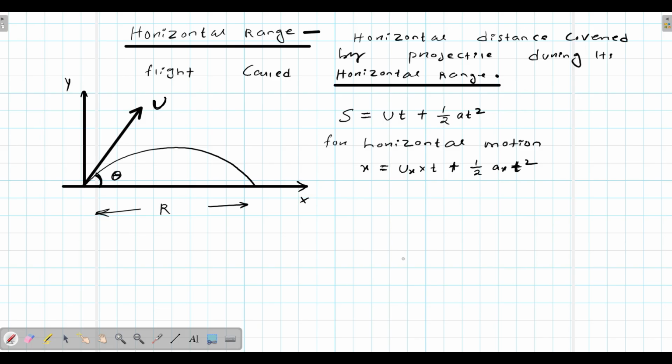So x equals R. ux equals u cos theta. Time is t. ax is 0.